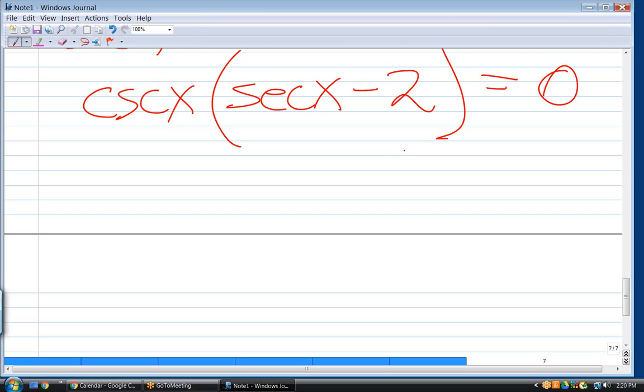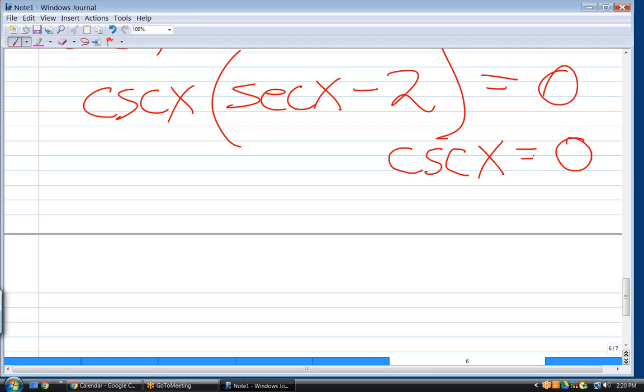Wouldn't you start with the left? I would have to find the places where cosecant equals 0, and then where secant equals 0.